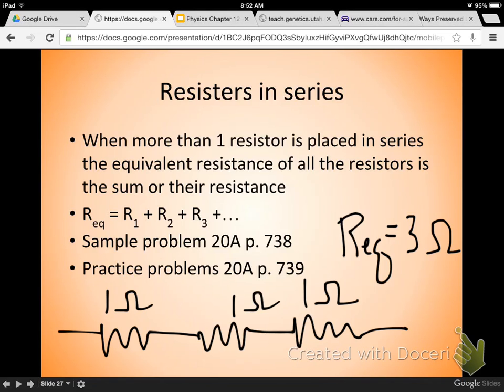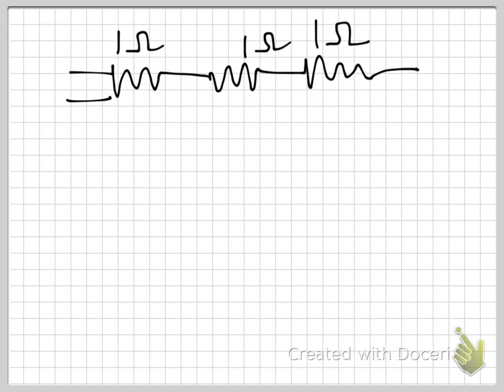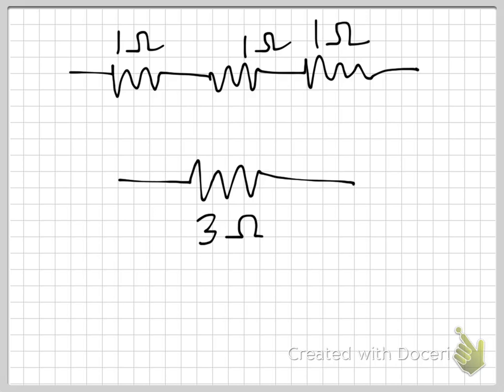Because I could either put this there, or I could put this there. They're equivalent. They're going to give me the same resistance. And that's why we call it equivalent resistance.